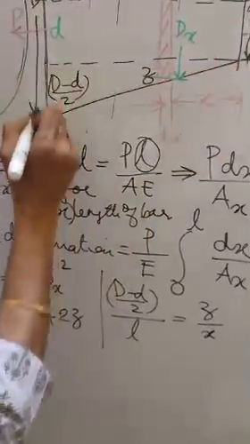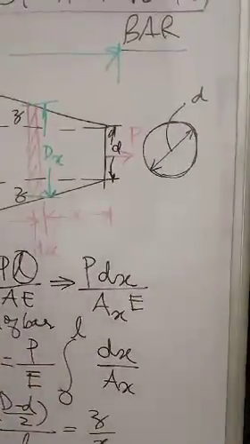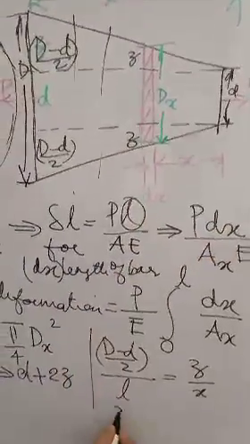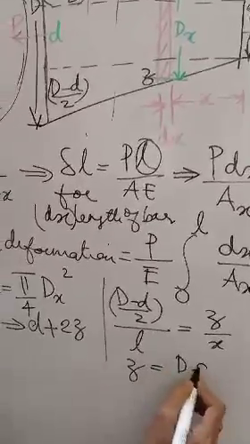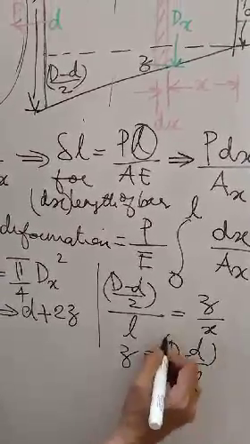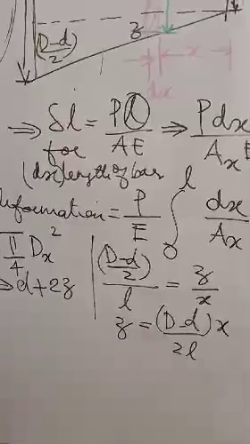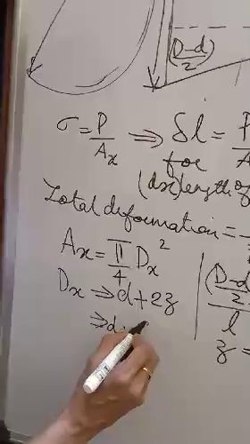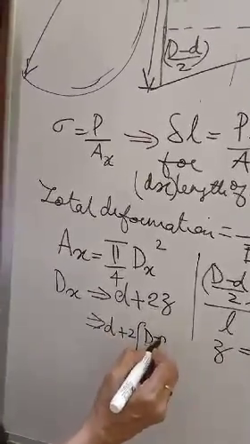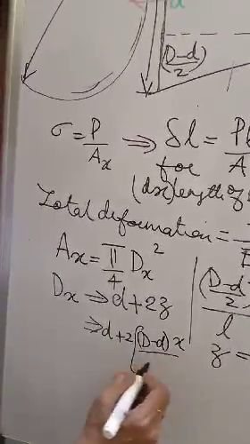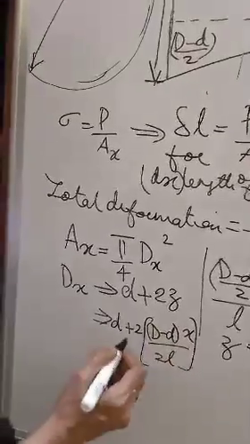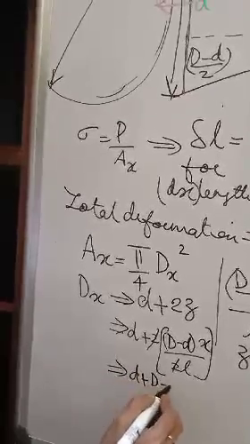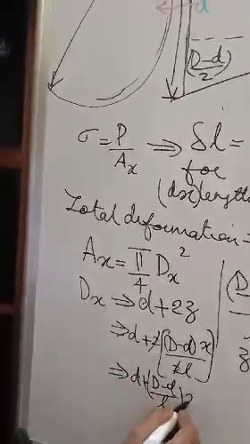From that you can find out Z is equal to (D minus d) by 2L into x. So you get the value of Z, and you can substitute back here. This is equal to d plus 2 times Z. 2 times Z becomes (D minus d) into x divided by 2L, so this 2 gets cancelled. So you will get this expression as d plus (D minus d) by L into x.